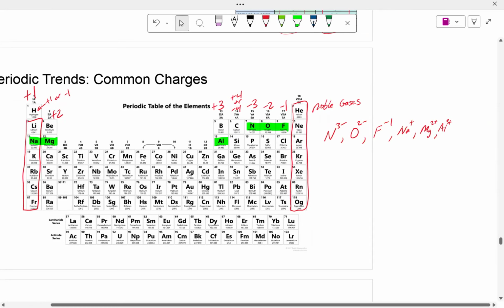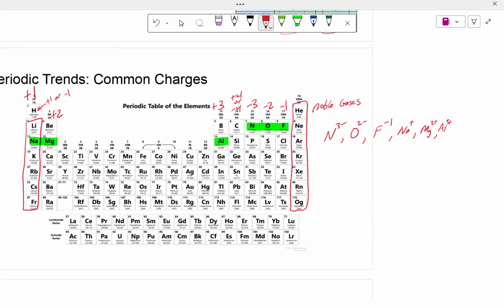There's one thing that is common to all of them. These all have the same electron configuration as neon.